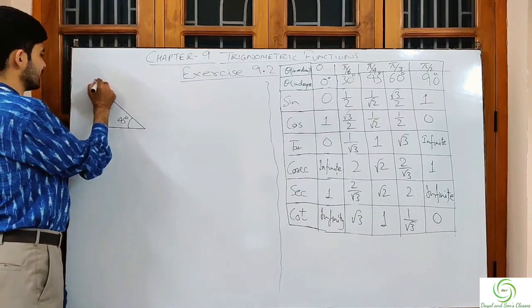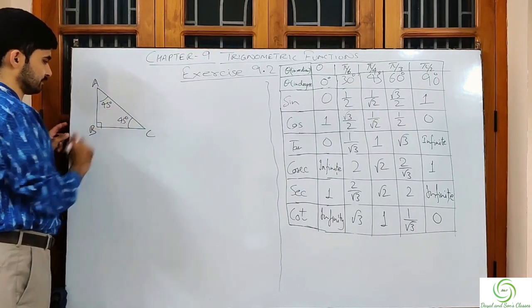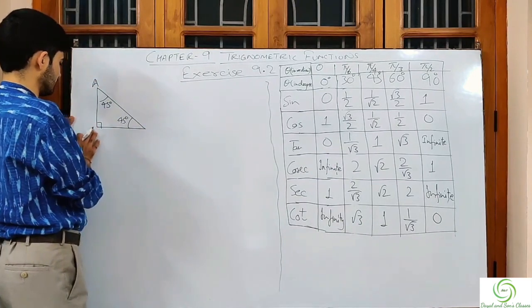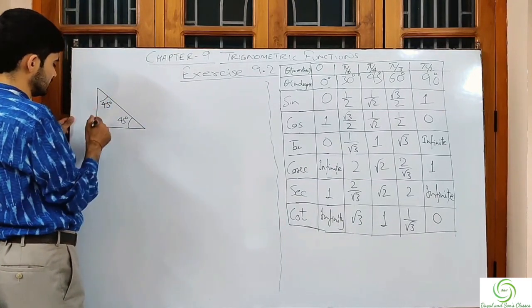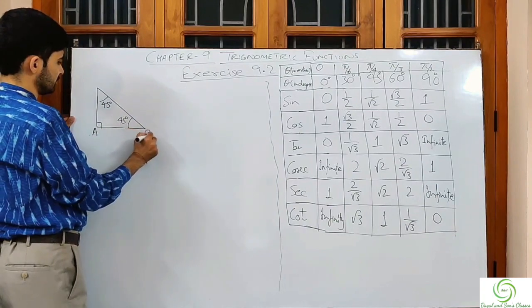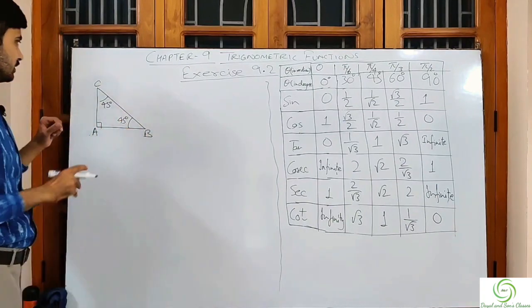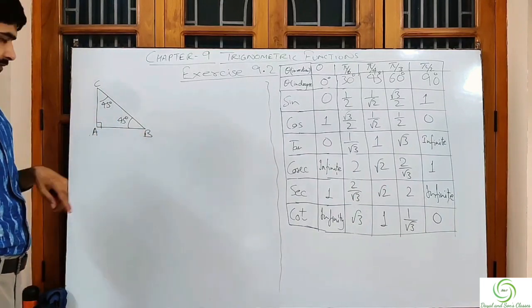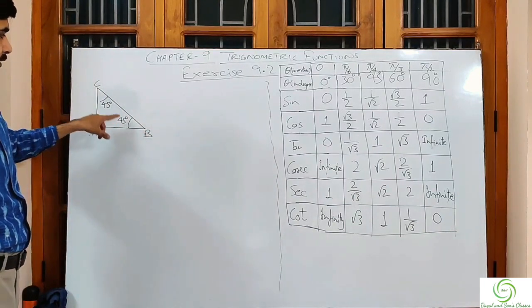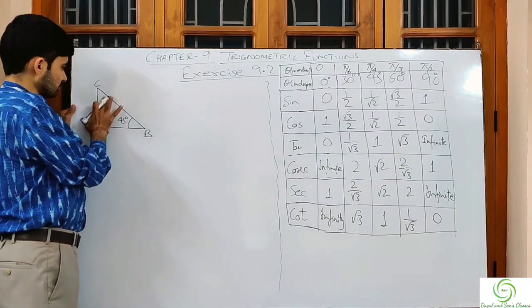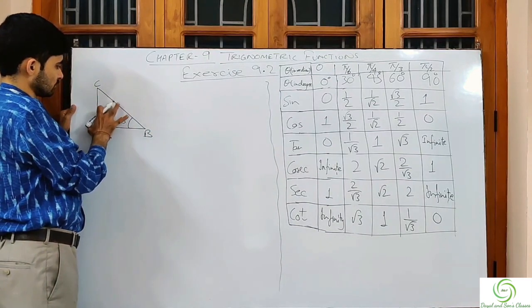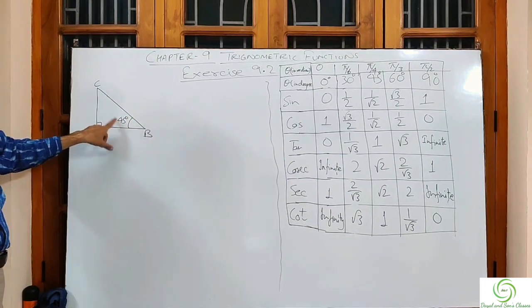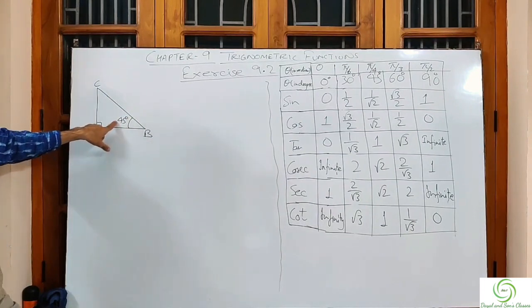I mark this triangle ABC. A, B and C. Now if this angle is 45 degree, now see, this angle is 45 degree, right?